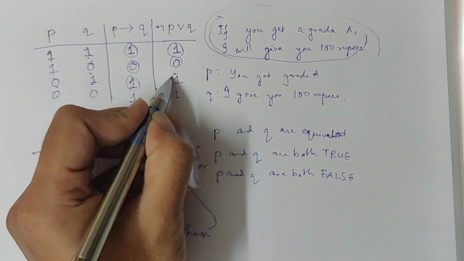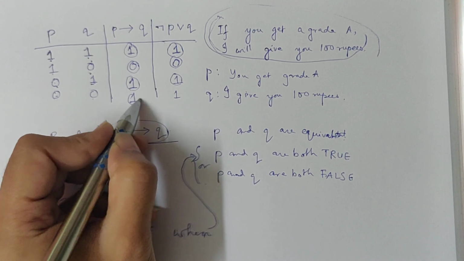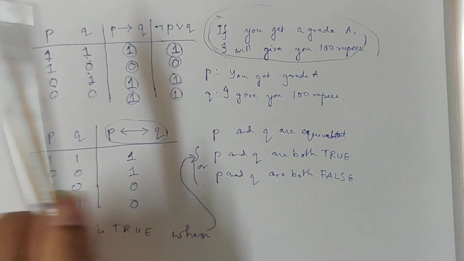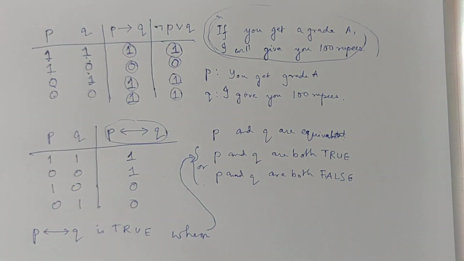That is, these two statements are both true and both false under the same truth assignments at the same time, right?